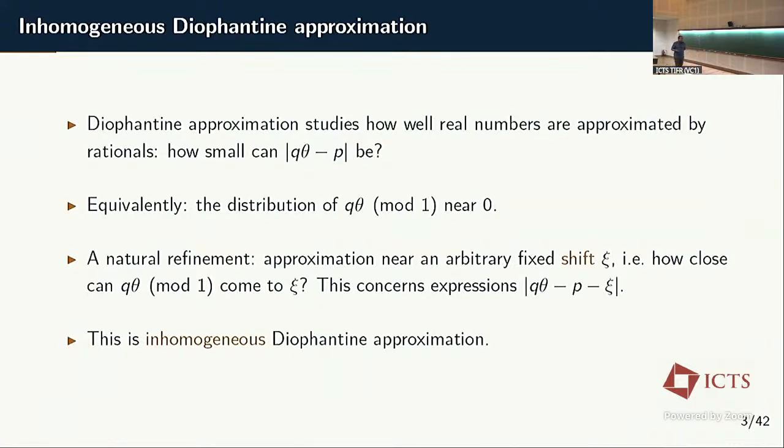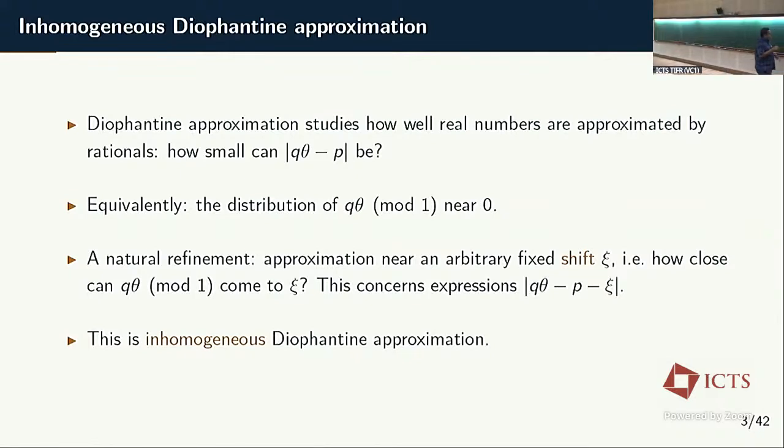A similar question, which I think is very natural, is rather than considering the distribution of q theta mod 1 near 0, you might as well consider its distribution near another number. So instead of looking at q theta minus p, this amounts to studying expressions of the type q theta minus p minus c.